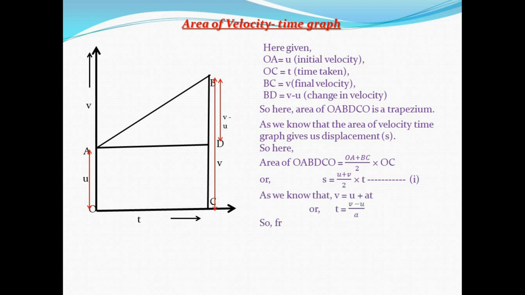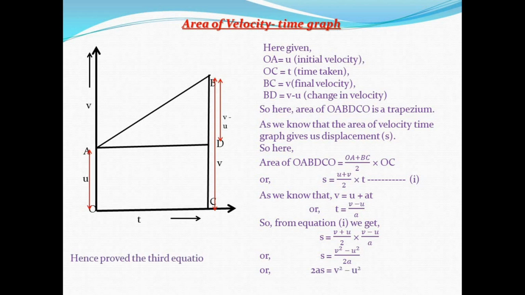As we know that V equals to U plus AT, so you can write T equals to V minus U divided by A. So from equation 1 we get S equals to V plus U divided by 2 multiplied by V minus U divided by A, as we put the value of T. After simplification, we get S equals to V square minus U square divided by 2A, or it can be written as 2AS equals to V square minus U square.